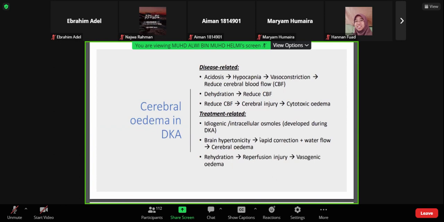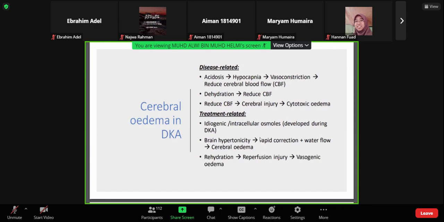Dehydration further reduces cerebral blood flow, and reduced cerebral blood flow leads to cerebral injury, and finally leads to cytotoxic edema. On top of that, there is hyperosmolality because of low sodium and low glucose from your insulin treatment, because now you are reducing the glucose in the blood, which contributes to the osmolality.